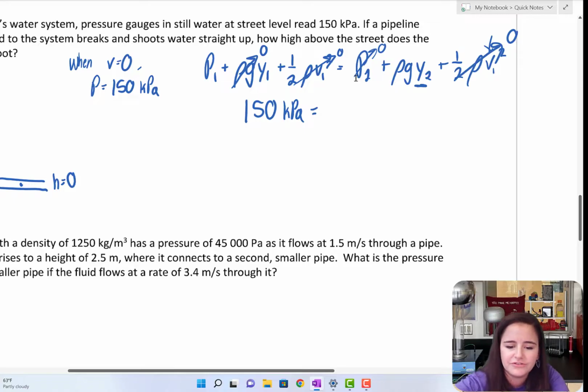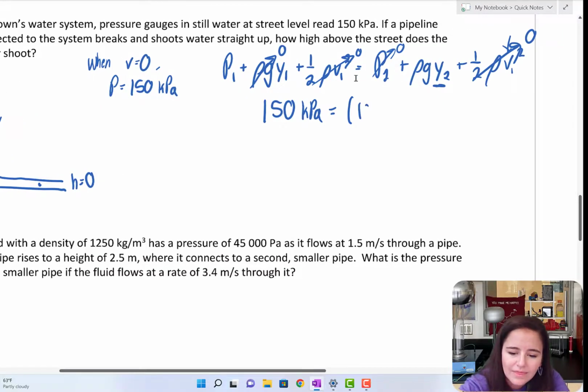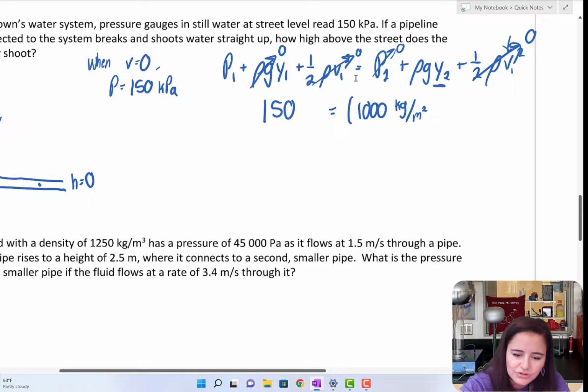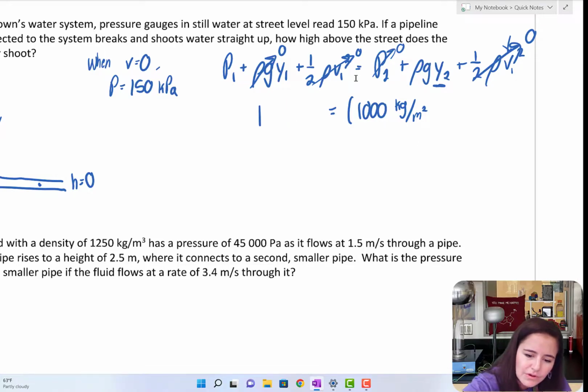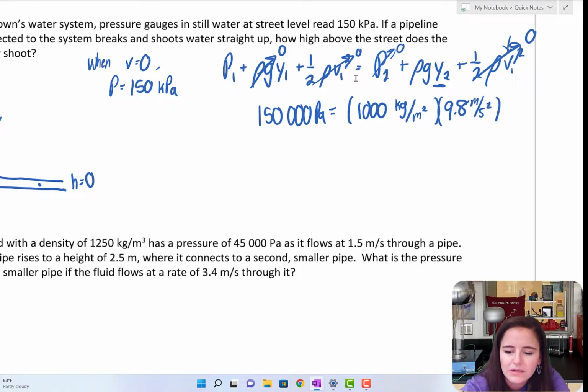So we have 150 kPa equals the density. It's water, so 1,000 kilograms per cubic meter. And because I know this will be in units of pascals, I'm going to change this to 150,000 pascals, or 1.5 times 10 to the 5th. So we have 1,000 times 9.8 meters per second squared times y2.